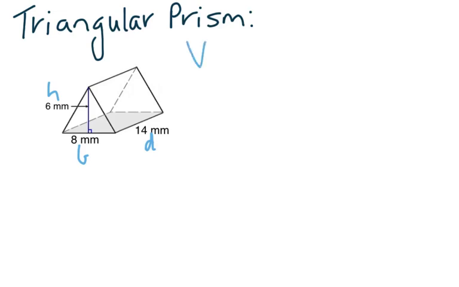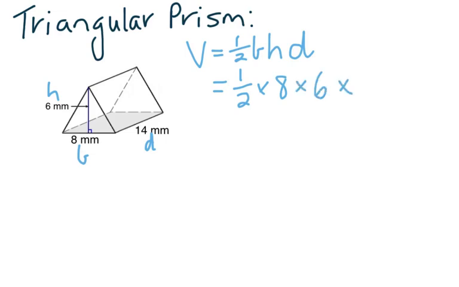So if we're doing the area of the base, we're doing half the base times the height, because that's how we find the area of a triangle. And then we're also going to multiply it by that depth. So if I was to do this example here, I would be doing half times 8 times 6 times 14 to get an answer of 336 millimeters cubed.